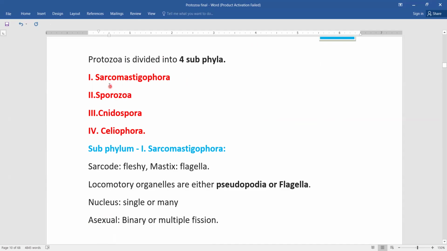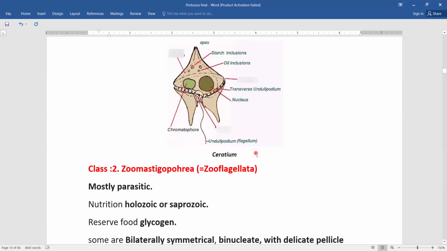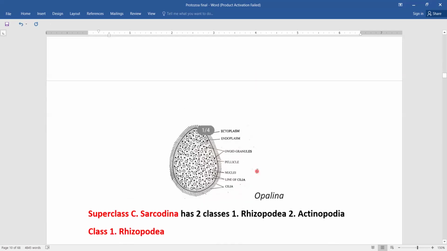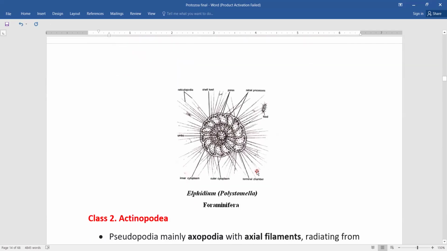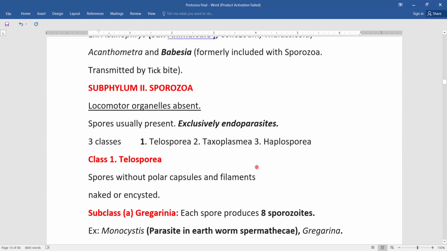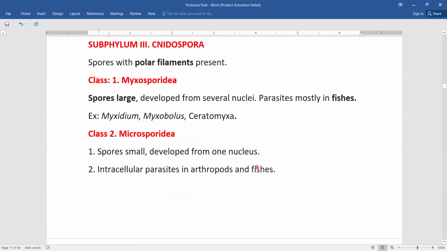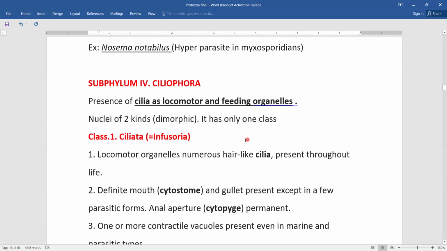Protozoa is divided into four subphyla: Sarcomastigophora, Sporozoa, Cnidospora, Ciliophora. I told you yesterday, SSCC. Let's come from the bottom. Ciliophora is easy to remember. The fourth one, Ciliophora, has only one class, which is also known as Infusoria.